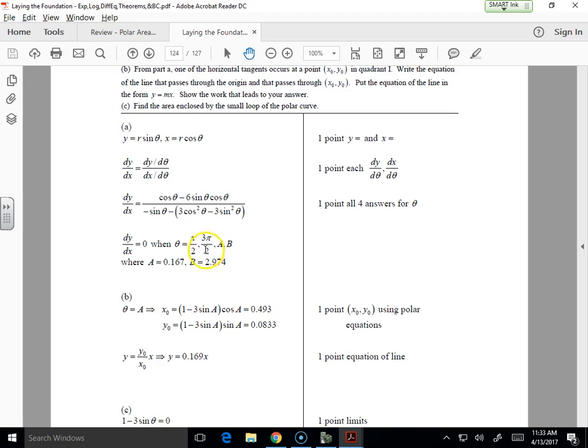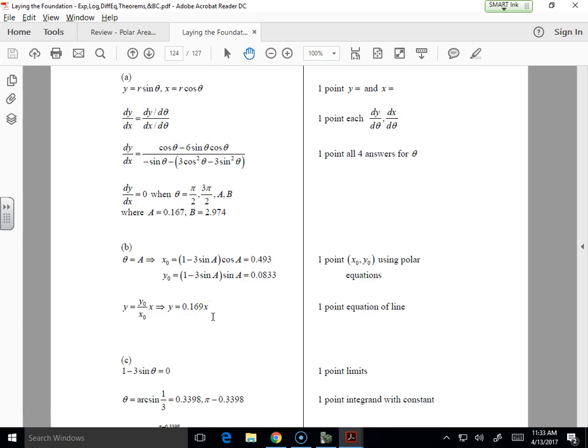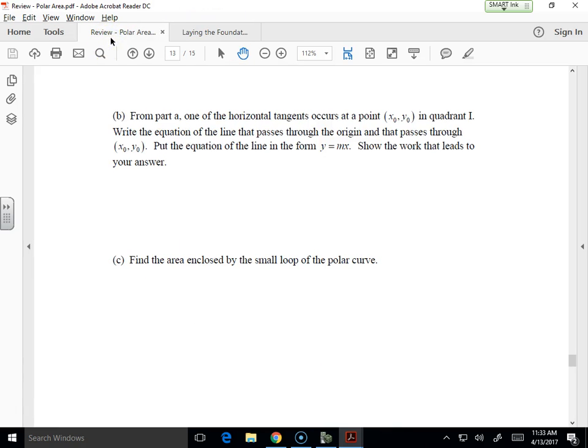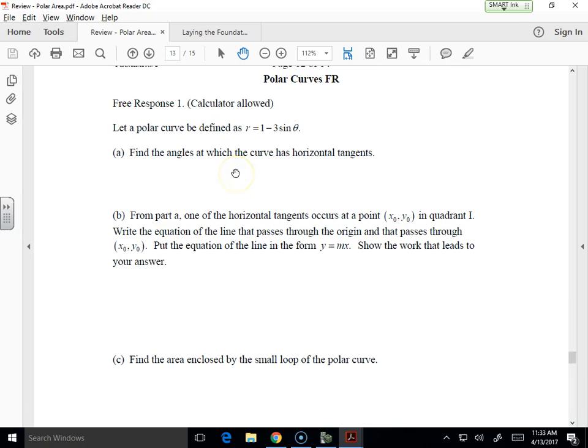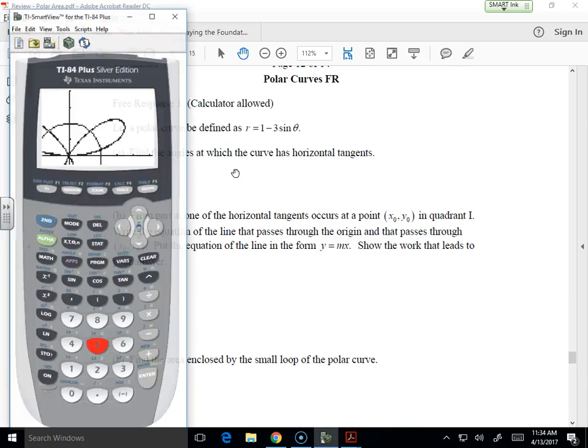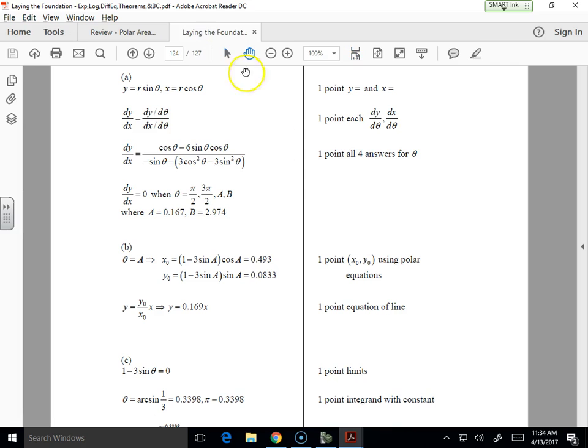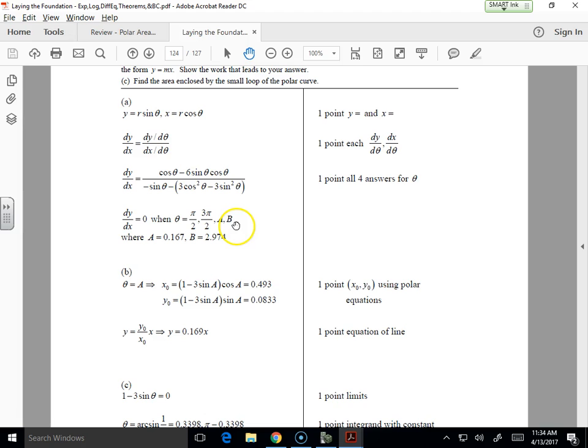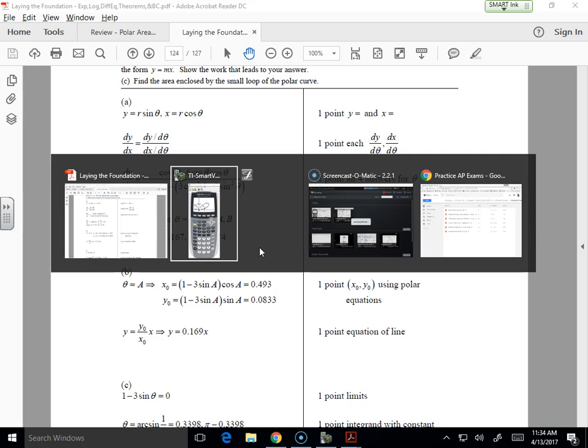Pi over 2 and 3 pi over 2 would both be outside the first quadrant. Yeah, so just A. So you can find x using r cosine theta, y using r sine theta. But it doesn't ask for one. It just says find angles at which the curve has horizontal tangents. For B? For A. Yeah, so for A they found four different points in one rotation or one revolution.